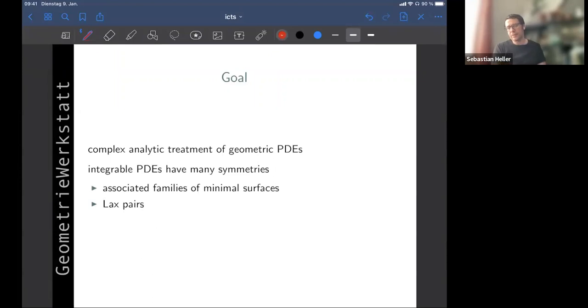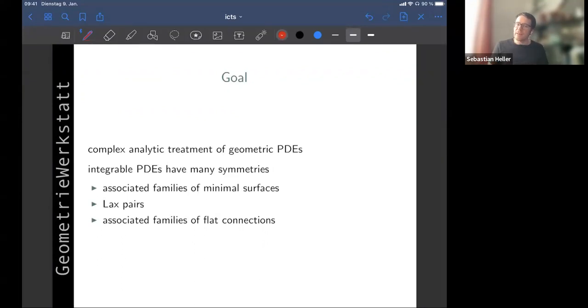And in general, all the PDEs I'm studying in this talk are related to associated families of flat connections. So I will explain that in a second, but at the moment it's good enough to think about this associated family of flat connections as a direct generalization of this associated family of minimal surfaces of a minimal surface in R3.